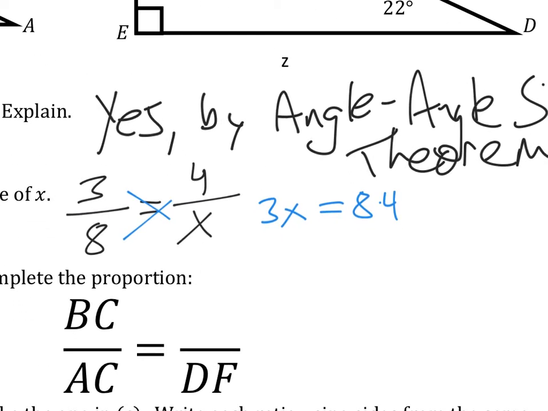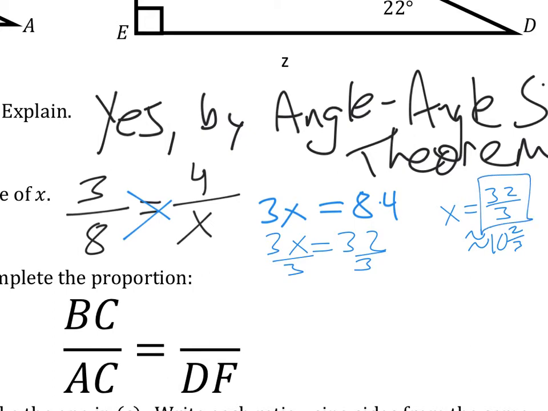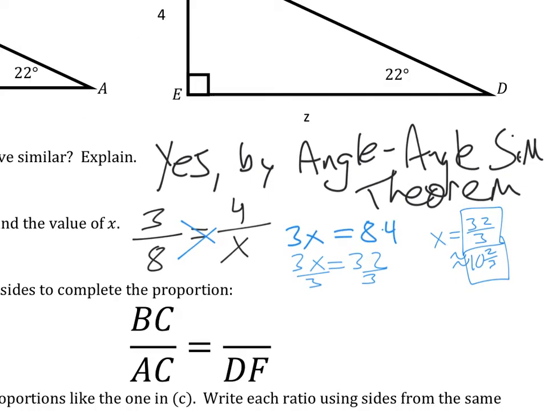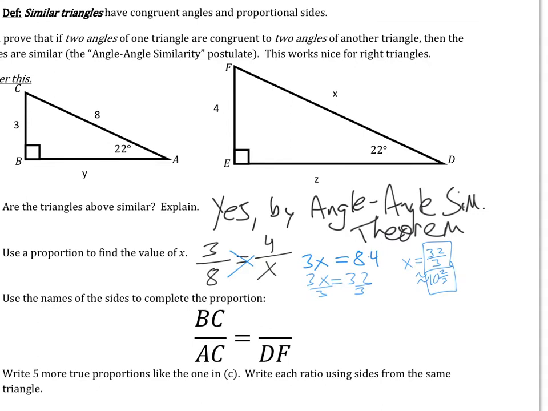So 3x is 32, divide by 3. x is 32 thirds, or if you really want, it's 10 2/3. Either answer is fine, preferably the fraction actually. So we know that this is 10 2/3 or 32 thirds.